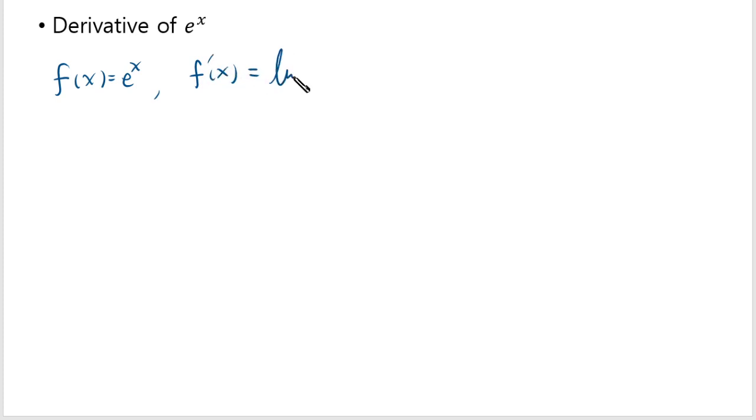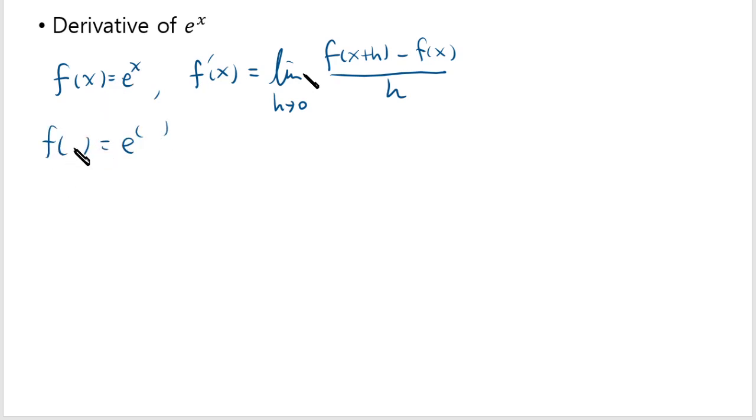The limit definition says it should be the limit as h goes to 0 of f of x plus h minus f of x, over h. In our context, f of x plus h means you're replacing x with x plus h. So if you have this as the definition of f, then when you plug in x plus h, that's what you get, right?